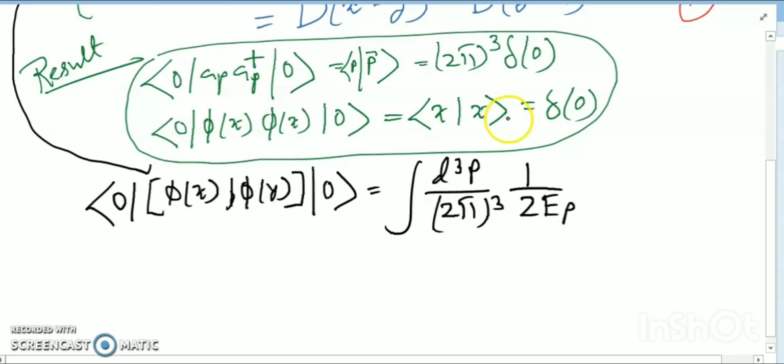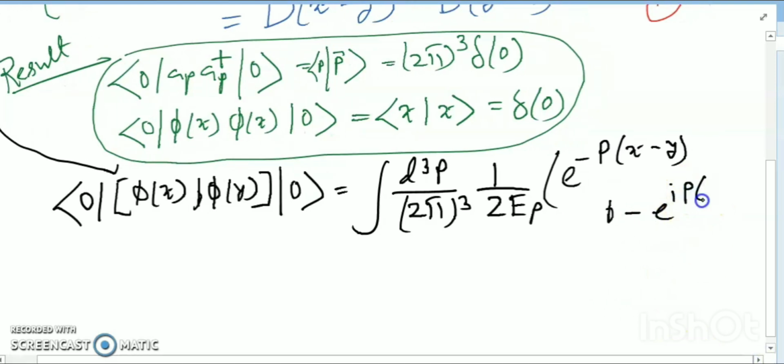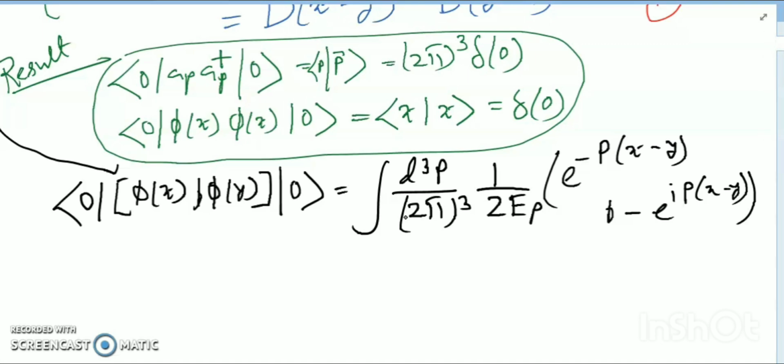So we get 1 by ep and e to the power minus ip into x minus y, minus e to the power ip into x minus y. Now we have converted a three-dimensional integral to a four-dimensional integral. This thing is going to be the Green's function, as we will see.